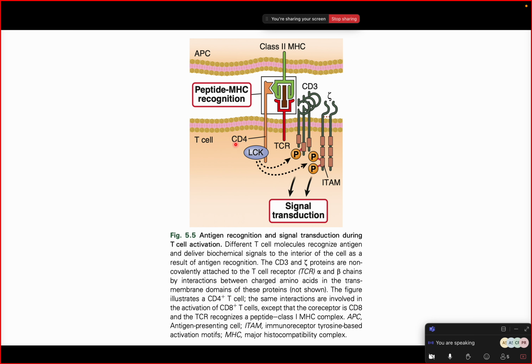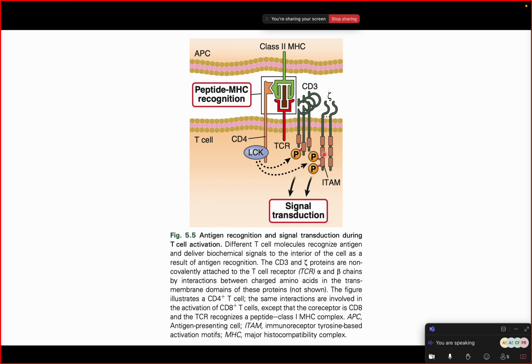So if we are talking about CD4, this signal transduction will lead to the secretion of cytokines from this cell. If this was CD8, then this signal transduction will lead to the formation of cytotoxic molecules, which are ultimately going to kill the cell which the CD8 positive cell just recognized. So this signal transduction will depend upon what receptors have been activated.